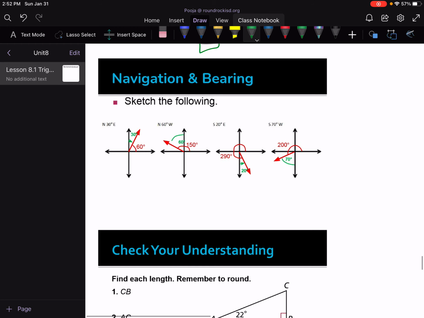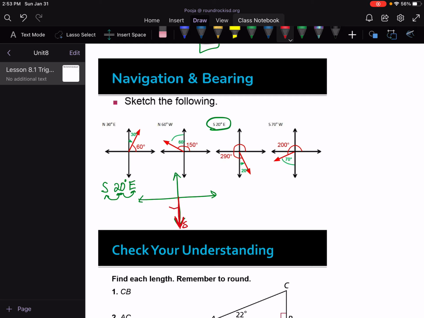For example, if I were to ask you to sketch what direction south 20 degrees east would be, the way you want to read this is that the angle of 20 degrees is being made with the south going towards east. So this one's south. This is the main arm of the angle or the direction.